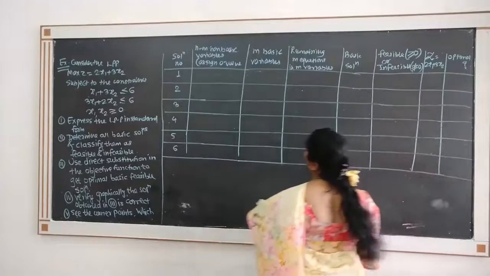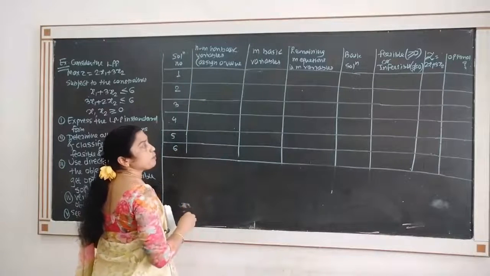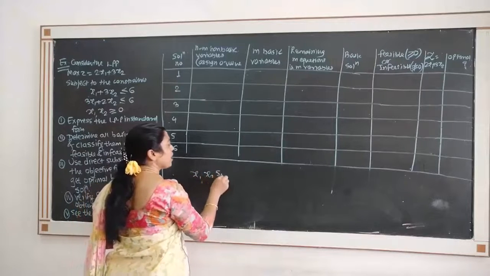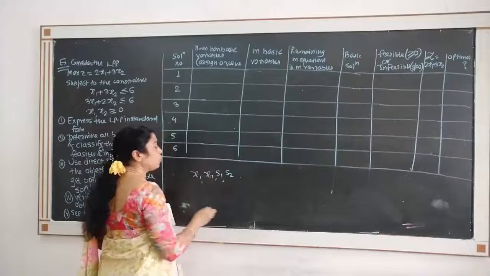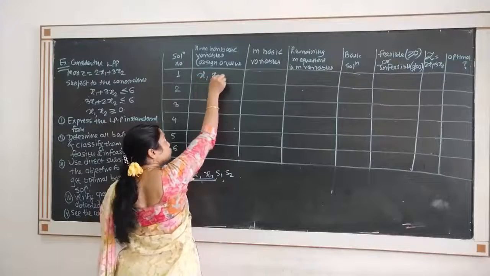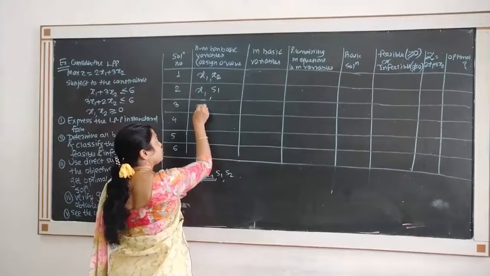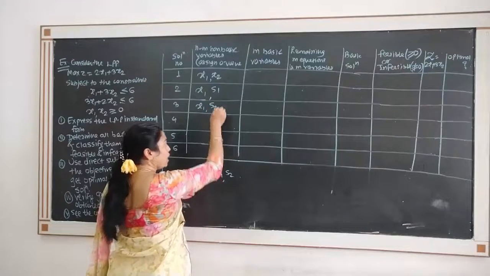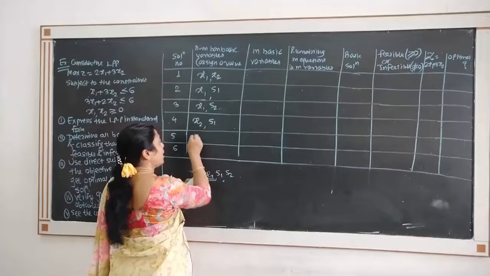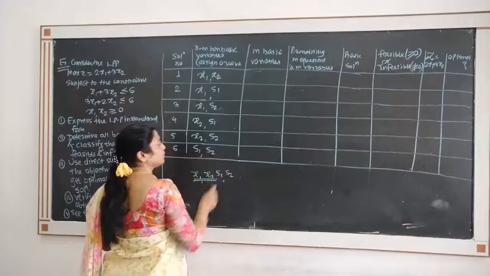Now see the first one. What we are doing is substituting n minus m, that is 4 minus 2, 2 variables equal to 0. There are 4 variables, x1, x2, s1, s2, and we are substituting 2 of them equal to 0. Suppose I put x1 and x2 to be 0, or x1 and s1 to be 0, or x1 and s2 to be 0, or I will put x2 and s1 to be 0, x2 and s2 to be 0, or lastly s1 and s2 to be 0.